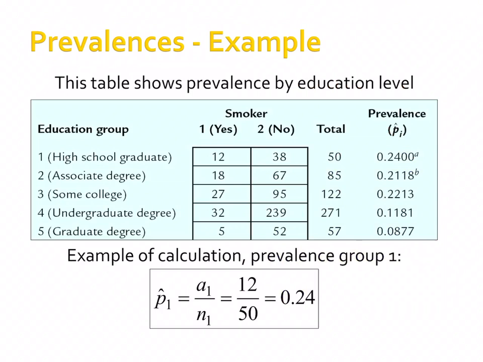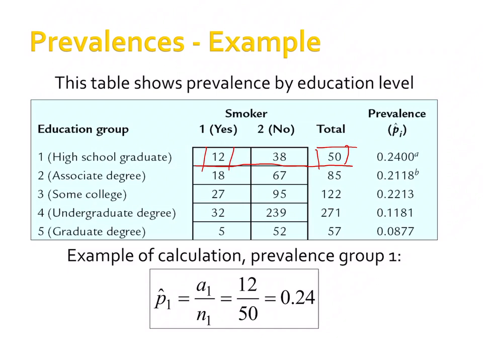So an example of this would be shown. Here we have a table represented by education level and smokers, either smoke or don't smoke. On the side you have the education group: high school, associate's degree, some college, undergraduate, graduate college. So you have the number of total graduates. Here's your row, and you have 12 plus 38 as your total. If you want to know the prevalence of smokers among those who graduated high school, you would take your 12 divided by 50, and you get 0.2400, which is denoted here.